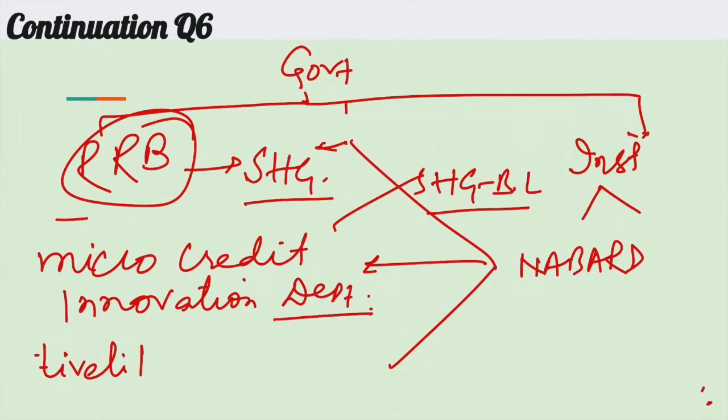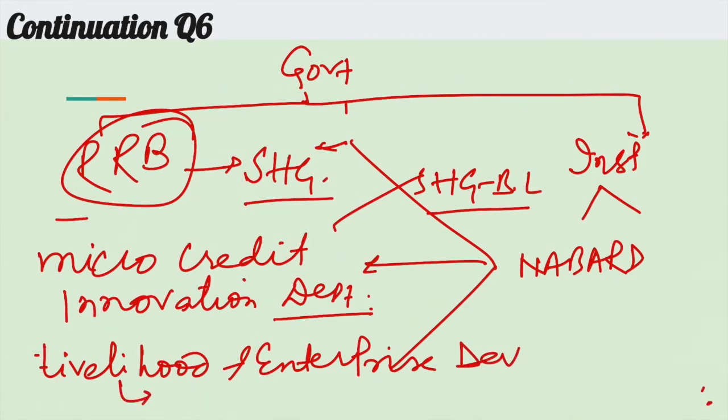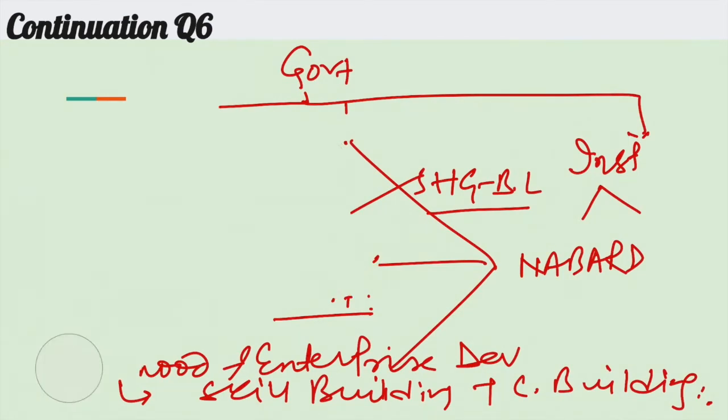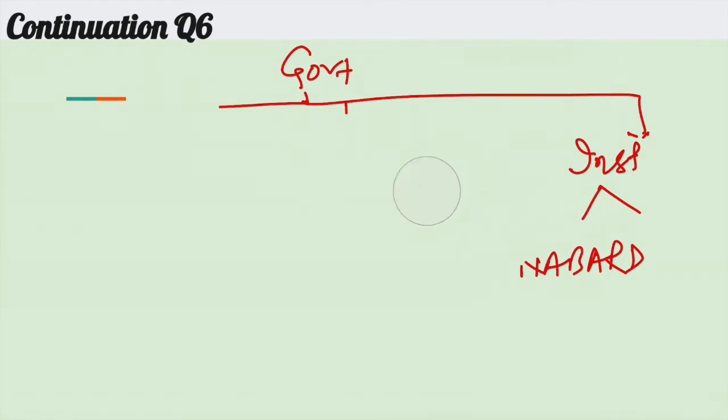Basically, it helps in promoting SHG bank linkage. And the next program is the Livelihood and Enterprise Development Program. According to this program, they are focusing on skill building and raising the capacity building of these institutions. So these are the interventions of NABARD.